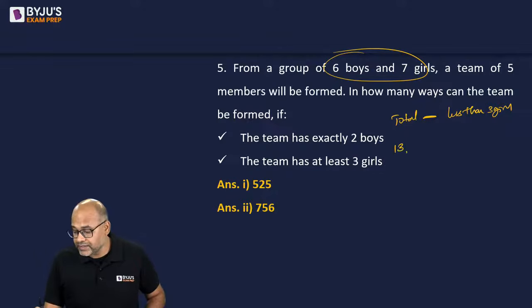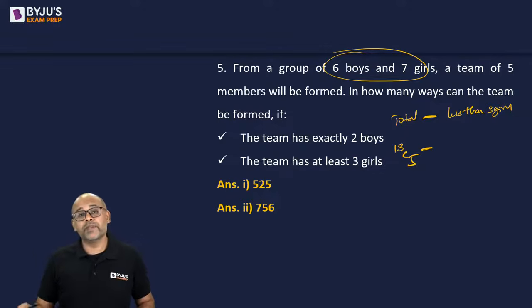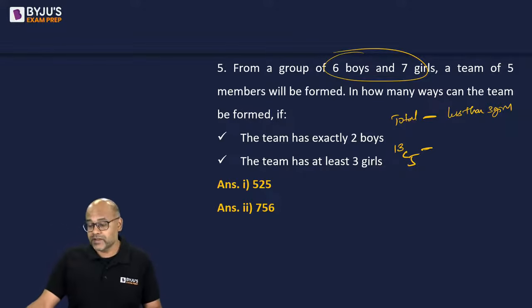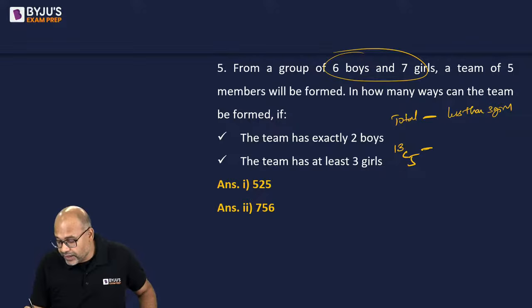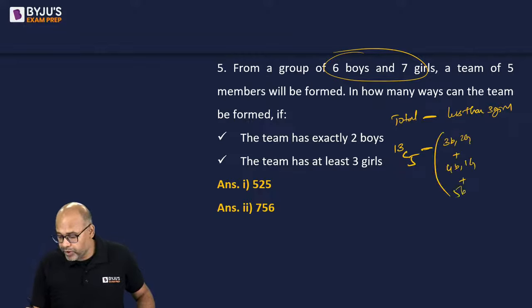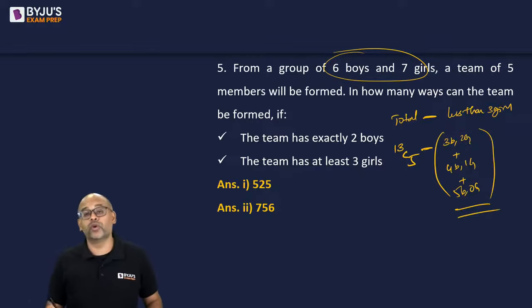So 13C5. From this, I will subtract the cases where less than 3 girls are there. Less than 3 girls means 2 girls and 3 boys, 1 girl and 4 boys, plus 5 boys, 0 girls. All these you don't want.